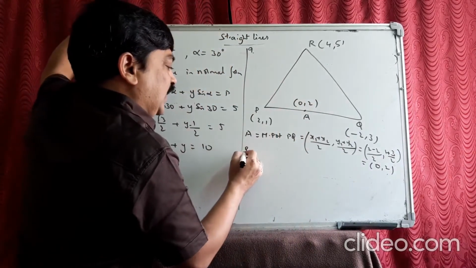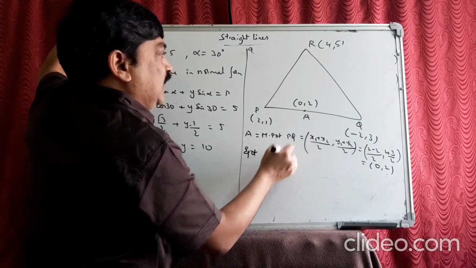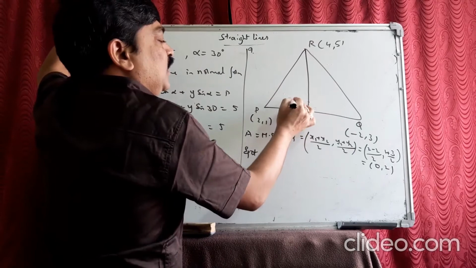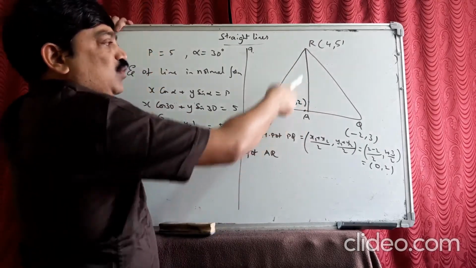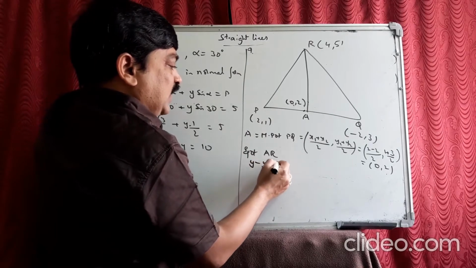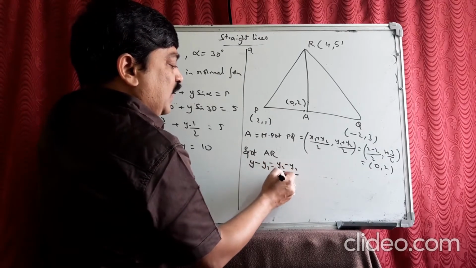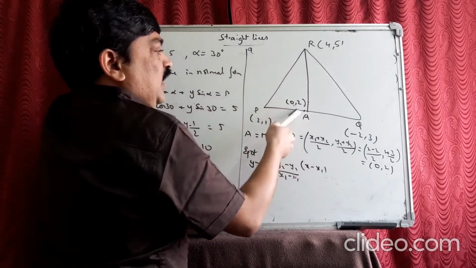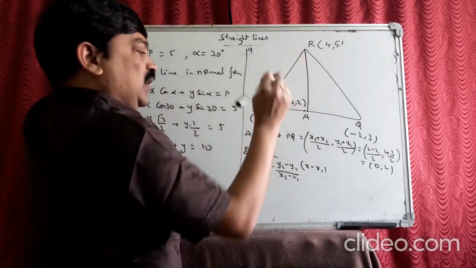Now to find the equation of AR, we use the two-point form, because we have two points here. The concept is: y minus y1 equals (y2 minus y1) by (x2 minus x1) into (x minus x1). You can take either point as x1, y1.